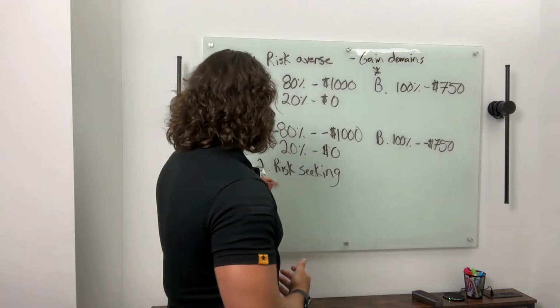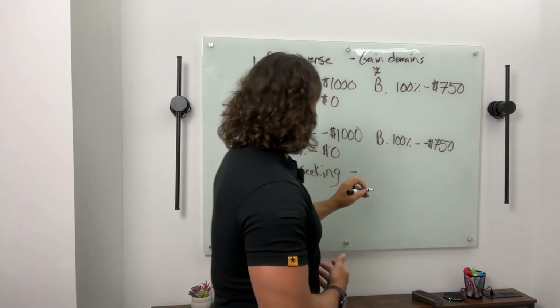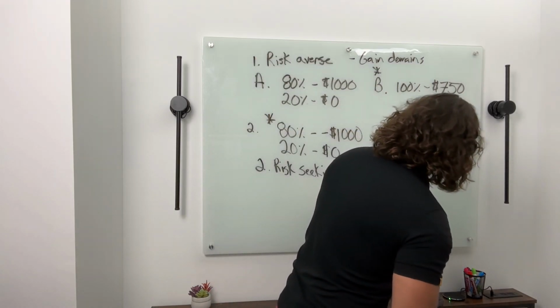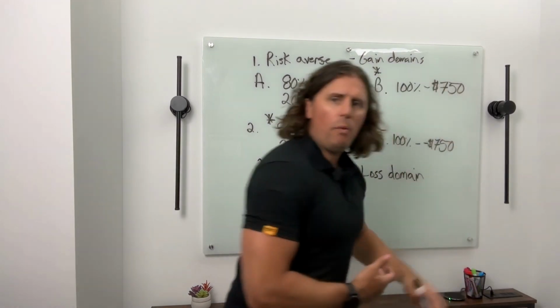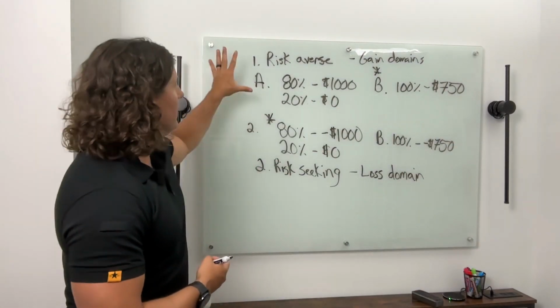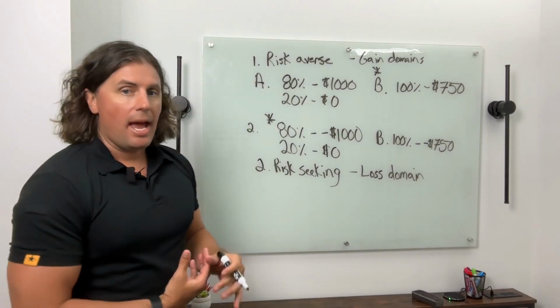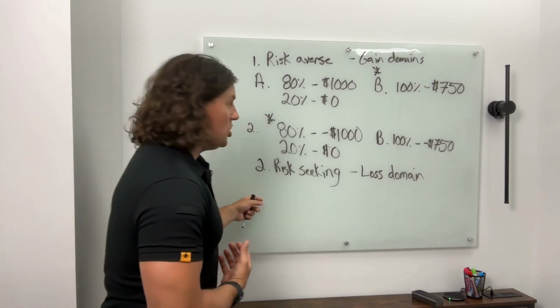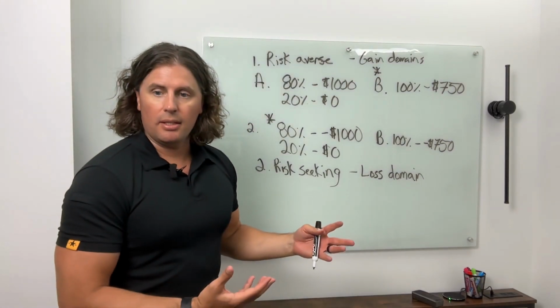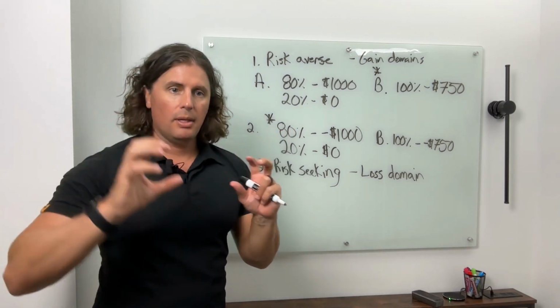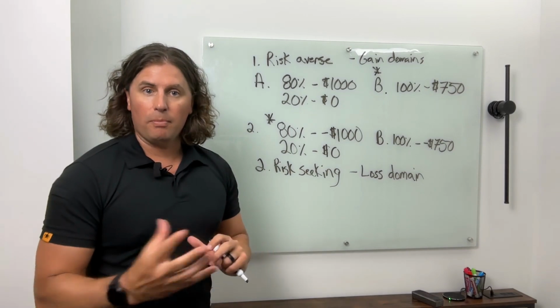And here, this is a loss domain. And what we have found out here is that in gain domain, we are generally risk averse. And in loss domains, we are generally risk seeking. And so that starts us in our first two phases of prospect theory.